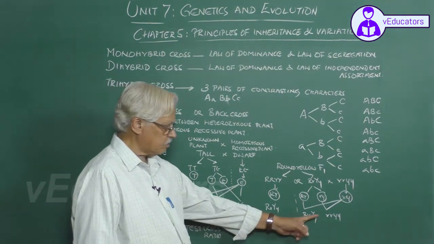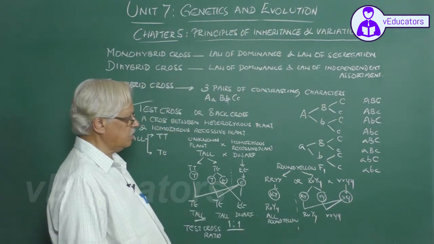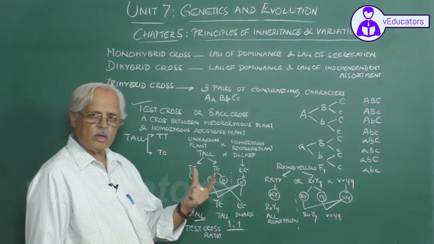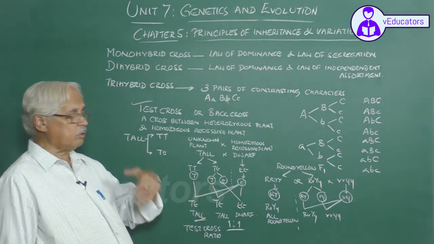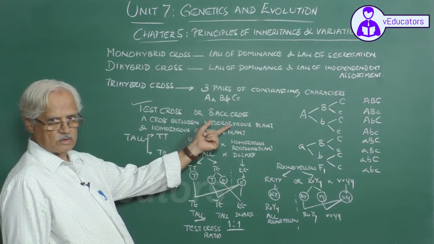Again you are getting dominant and recessive in a 1:1 ratio. So the genotype of an unknown plant can be ascertained by conducting a test cross.